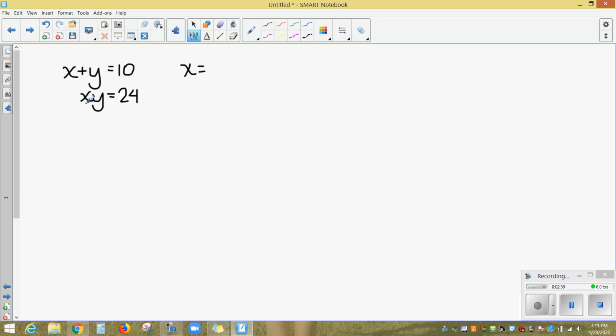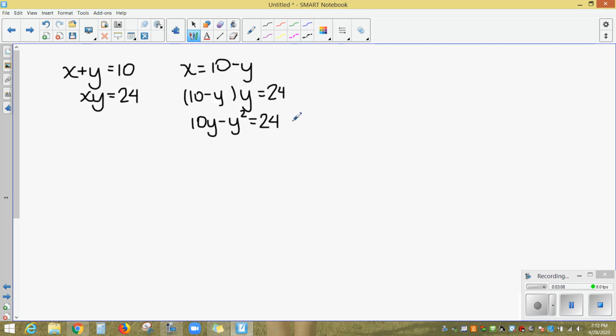It's still doable to solve for x or y, but it will be a better path to take if you solve the top equation and use it to substitute into the bottom. So if x times y equals 24, and x looks like 10 minus y, that gives me 10y minus y squared equals 24.